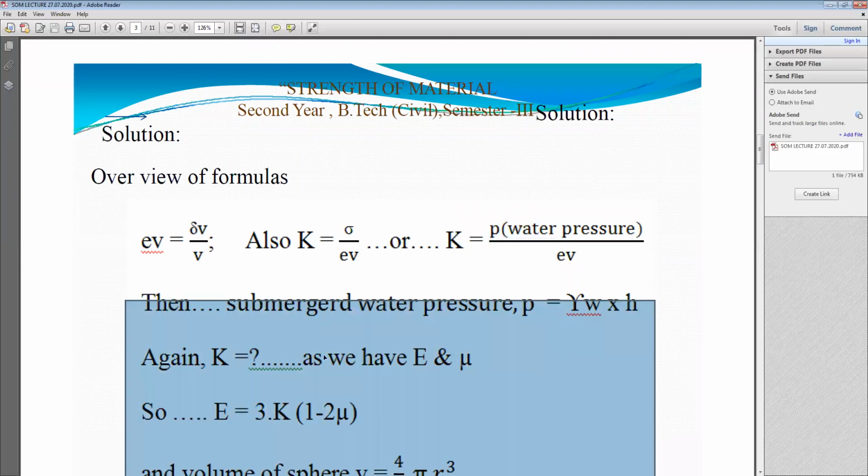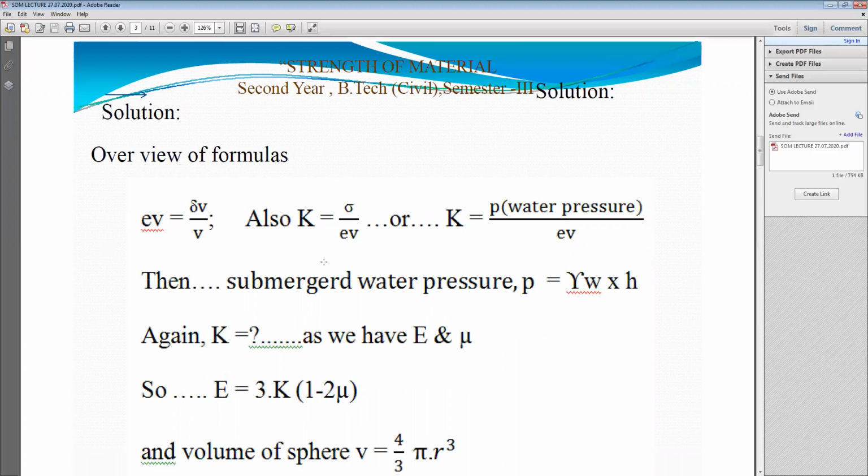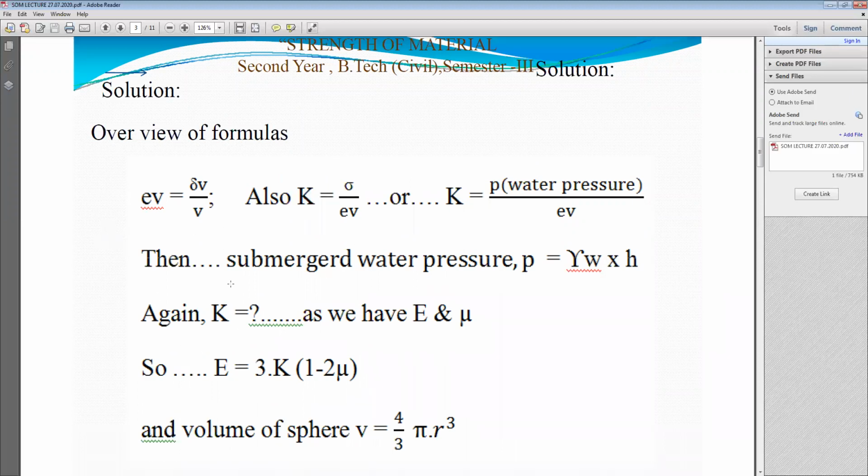So it is necessary to calculate the K by using the various formulas considered under strength of materials. Let us see another formula to calculate the bulk modulus. What exactly do we require now?